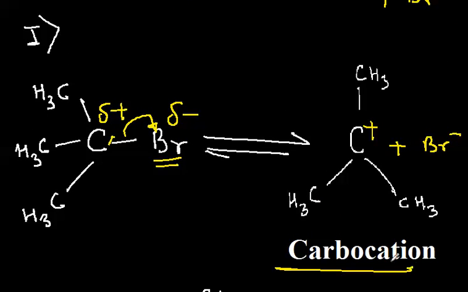Like here, this carbocation is a positively charged ion, and since the charge is present on carbon, we call it carbocation. This is your first step, called the formation of carbocation.